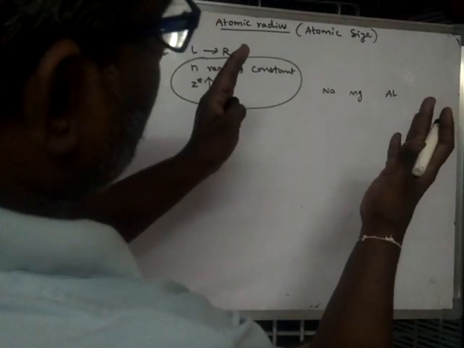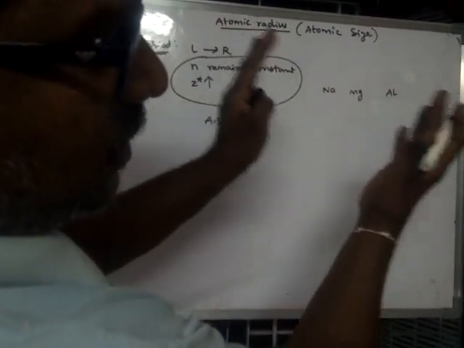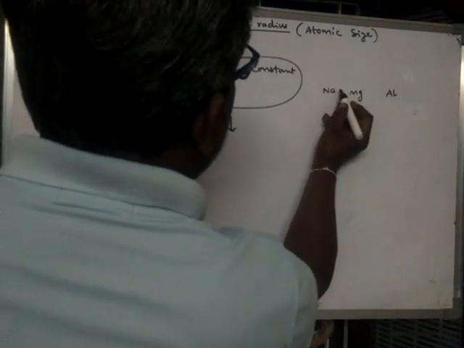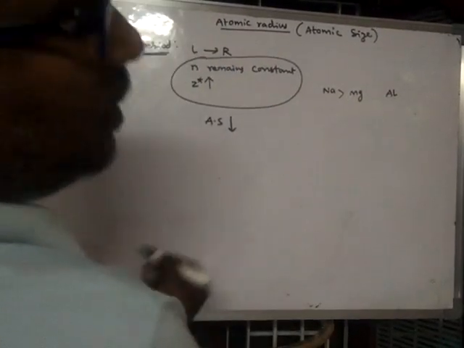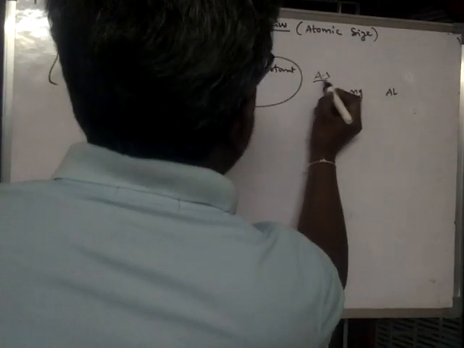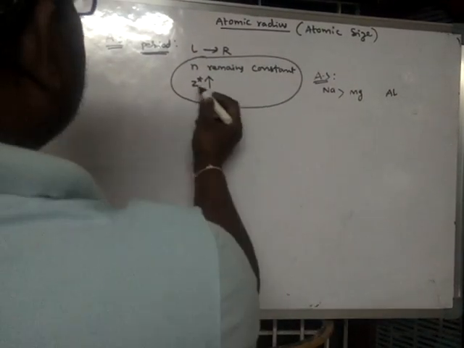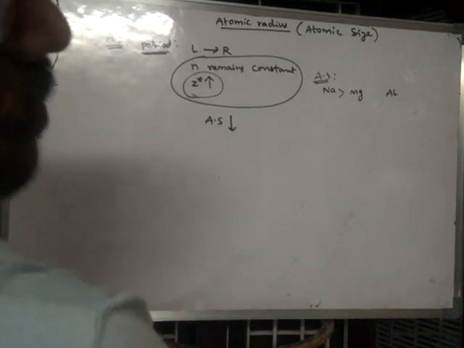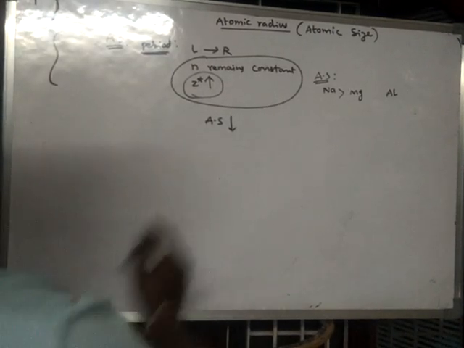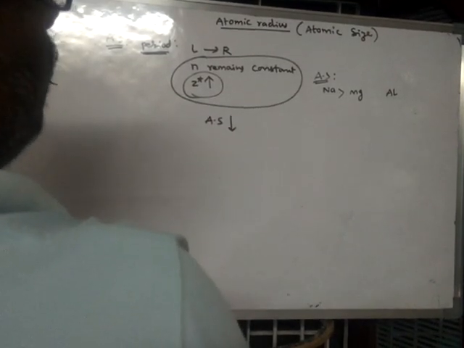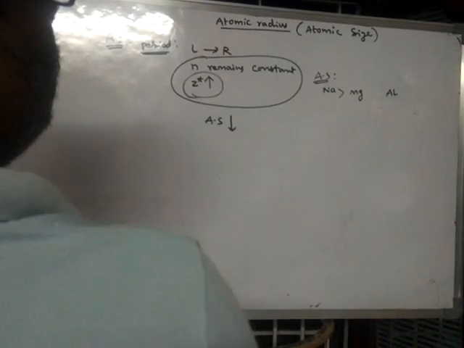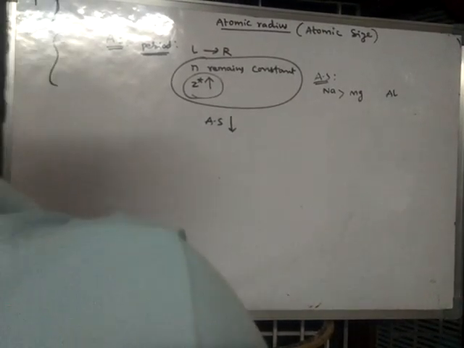Therefore the size of the atom shrinks. From sodium to magnesium the atomic size decreases. The reason is that Z effective, or effective nuclear charge, or Z star increases because N remains constant.